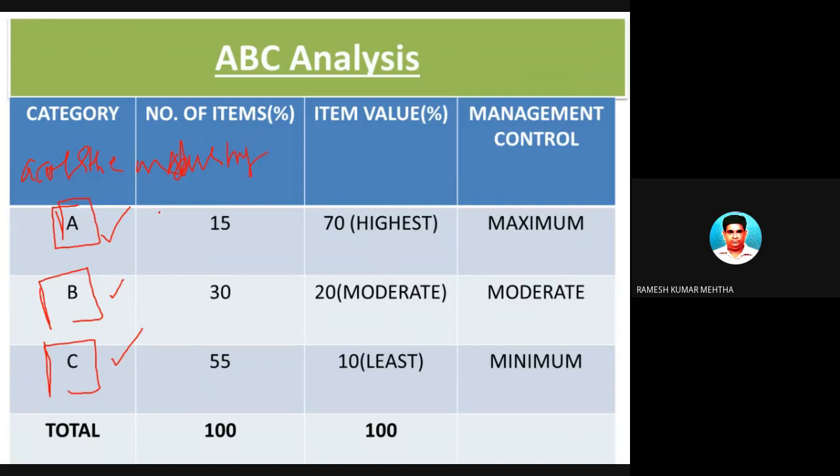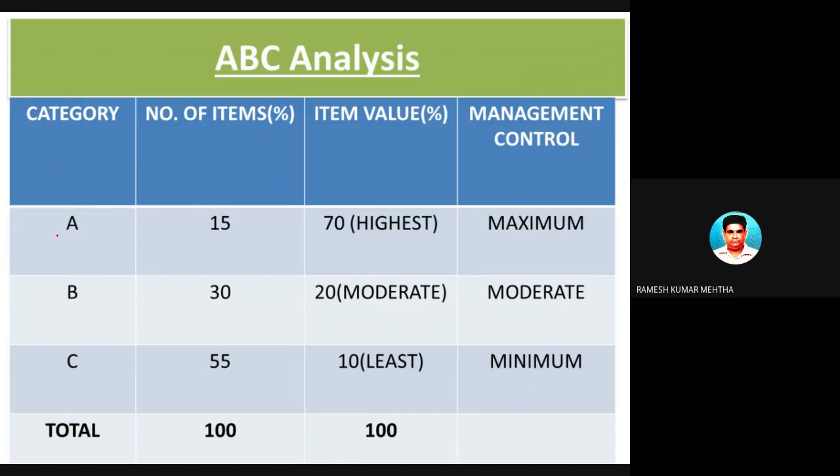Let me take an example of Star Bazaar or DMart. In case of DMart, if you observe very closely, all the products can be majorly divided into three categories: A category, B category, and C category.